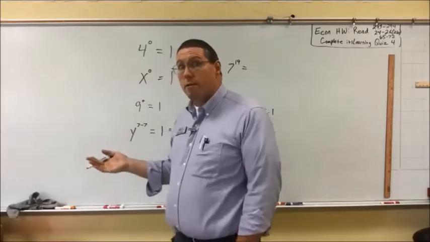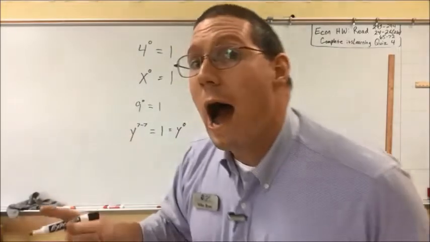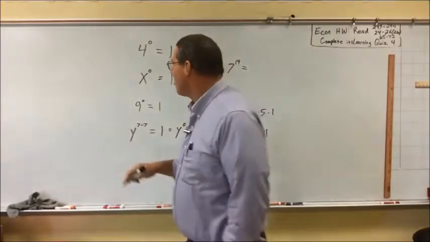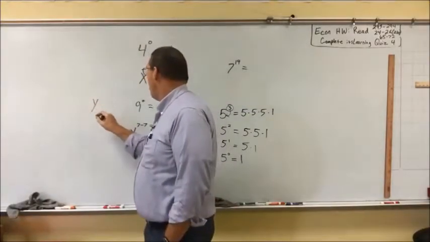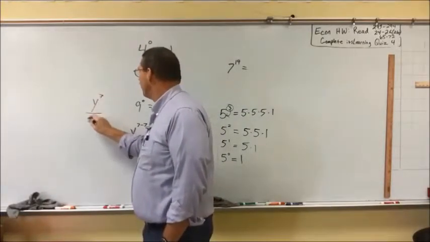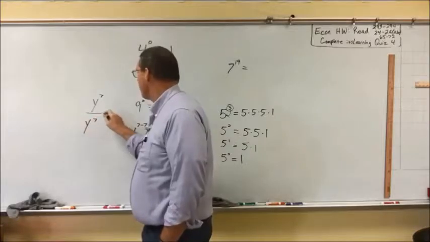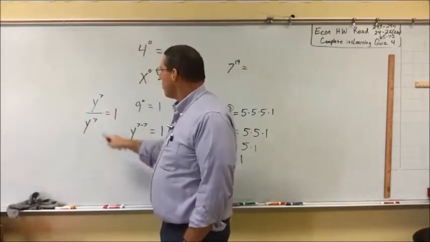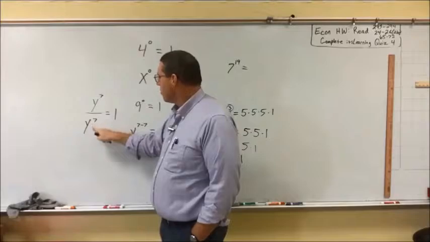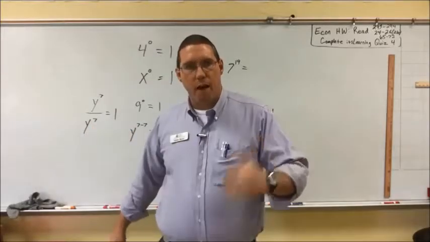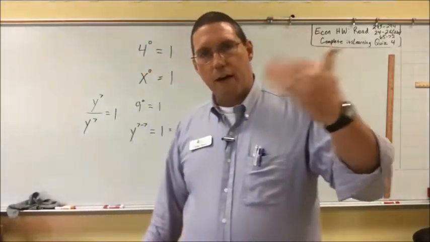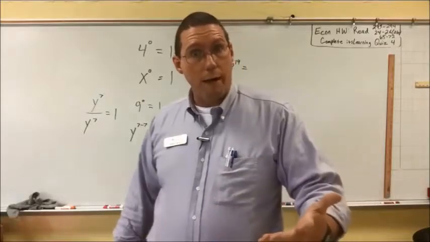Which is one of the reasons why y to the 7th power divided by y to the 7th power is equal to 1. You want to say it's because the top is the same as the bottom, and whenever you divide a number by itself, you get 1, right?